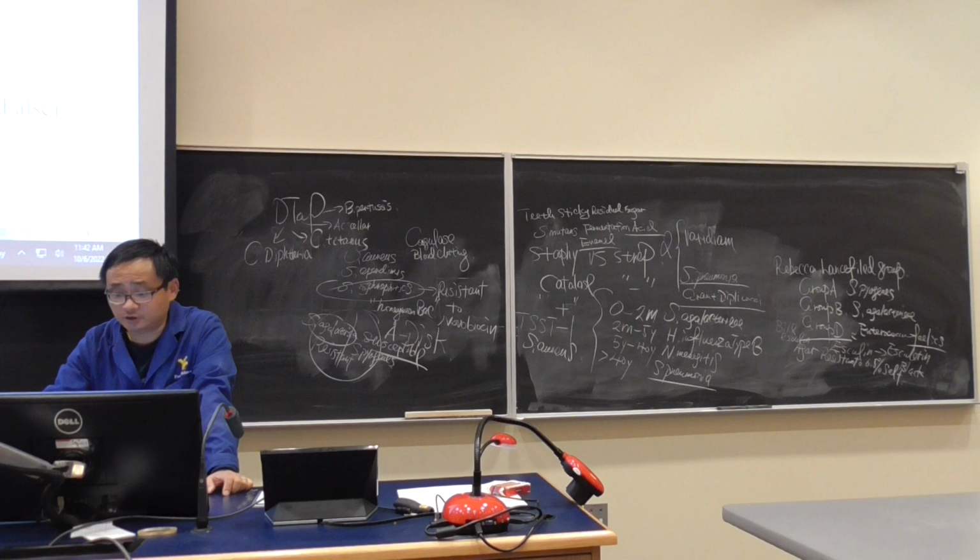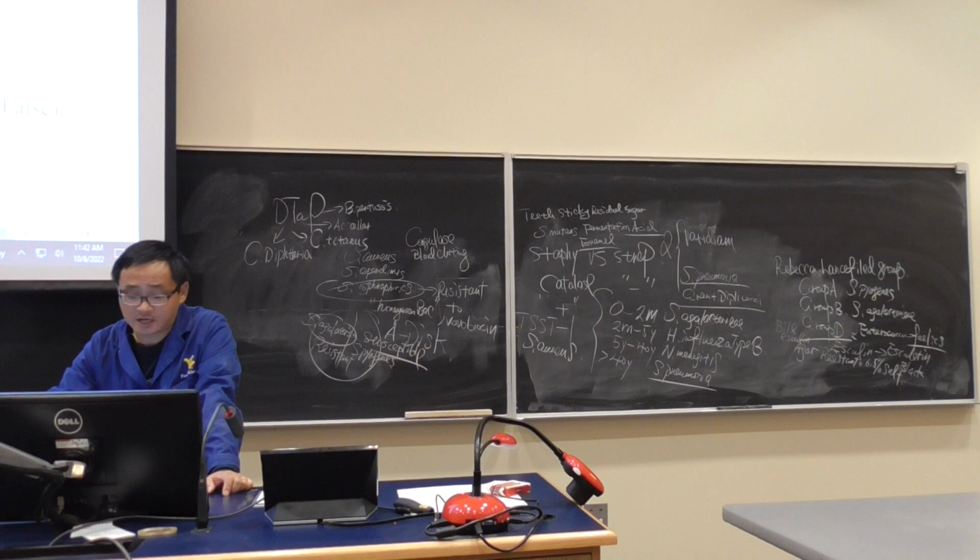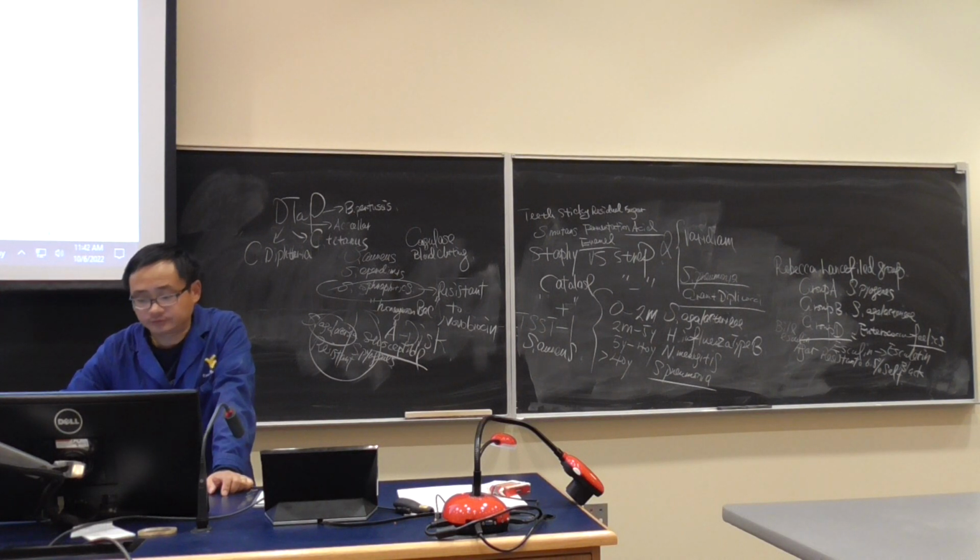So the target is what? Acetylcholine for one, another is glycine. Okay, if you forget about this, go back to look at your slides. The slides will be somewhere right here.